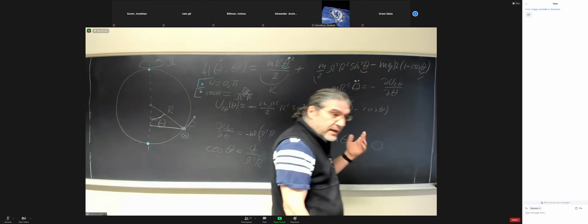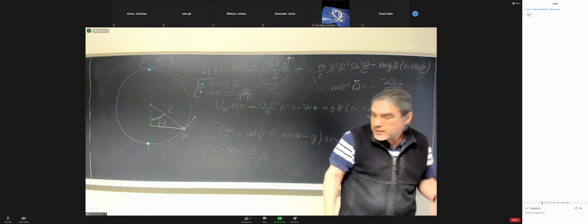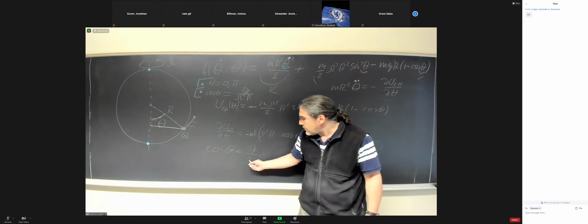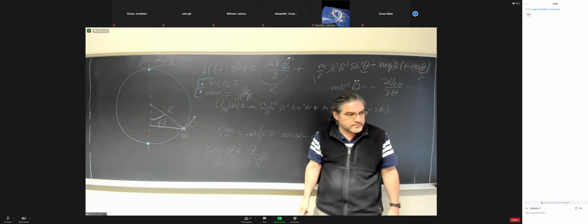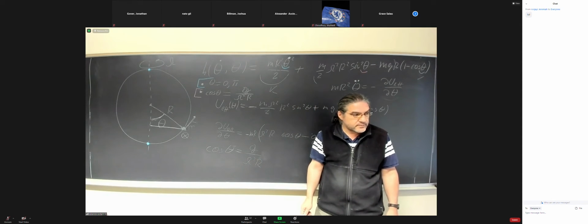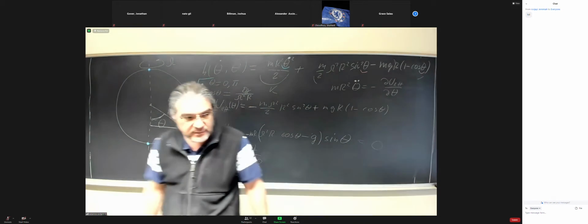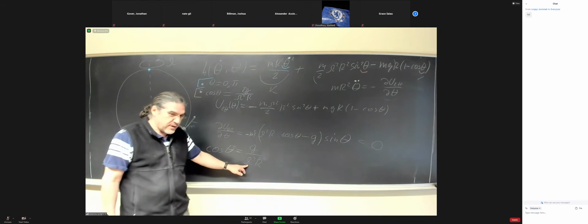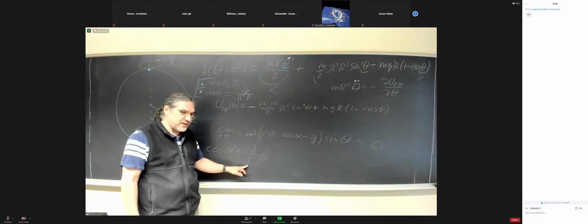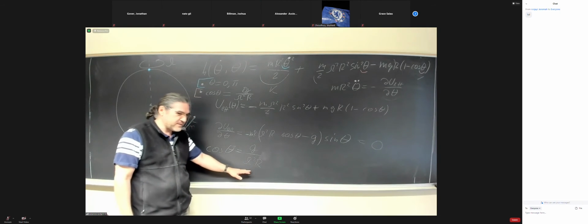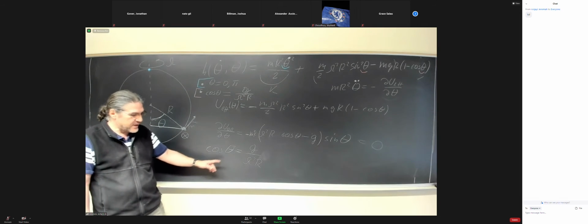I can make it large, I can make it small. So what will happen if omega is small? Think about it in this equation. Then what is this?